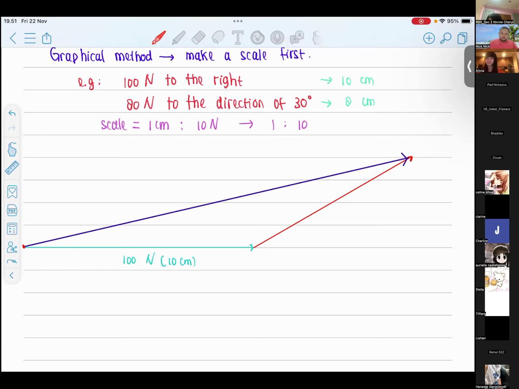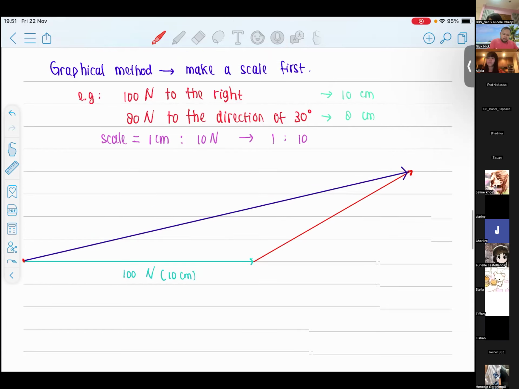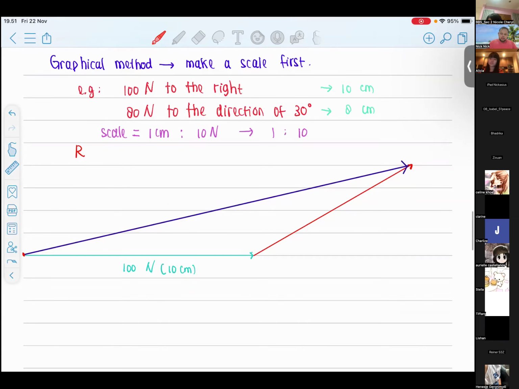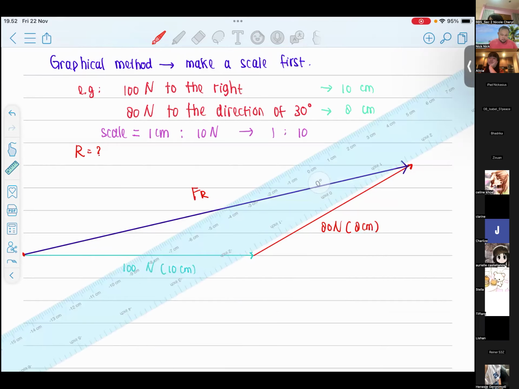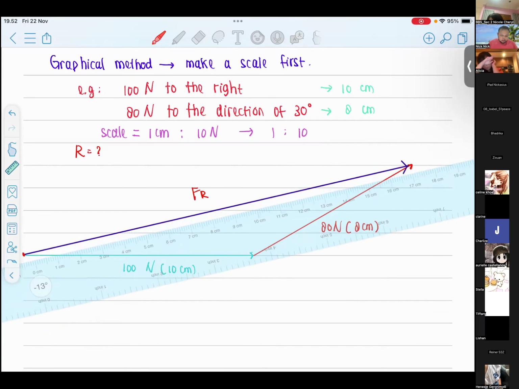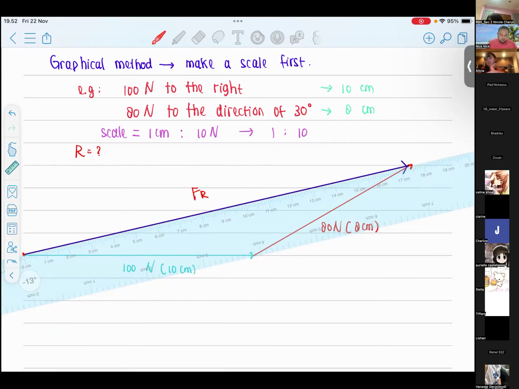Resultant. Of course, we must use ruler. This is F resultant. This is how many centimeters? Of course, must use ruler. If you don't bring ruler, you're done.